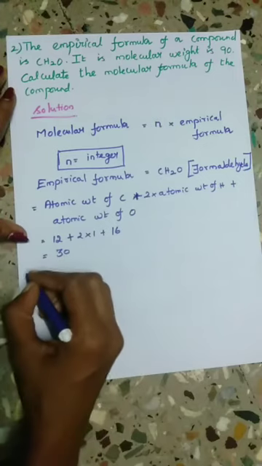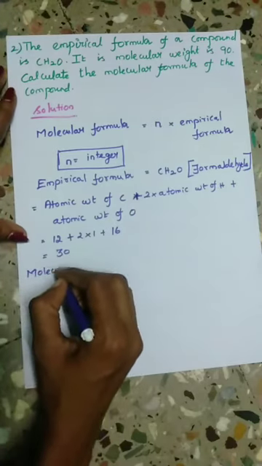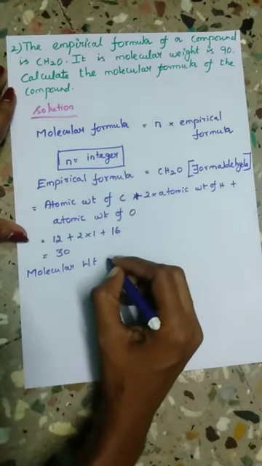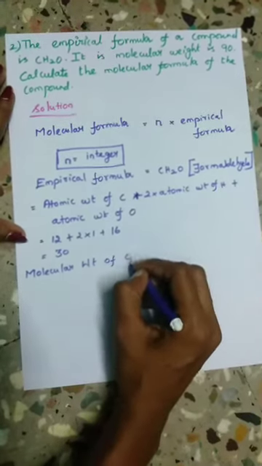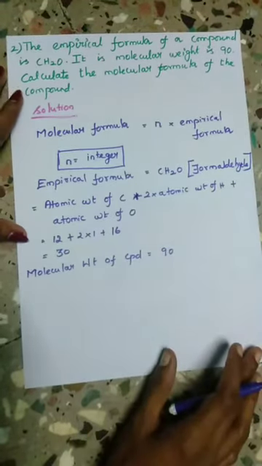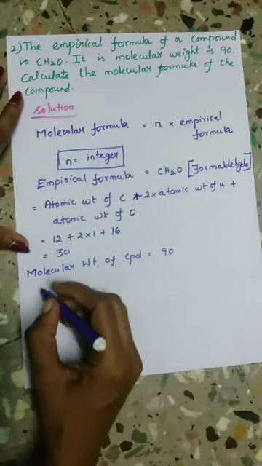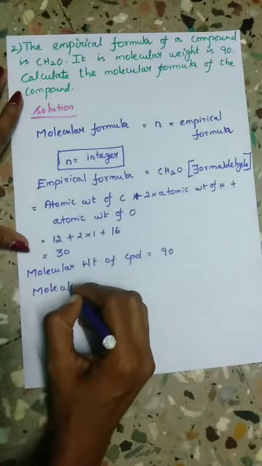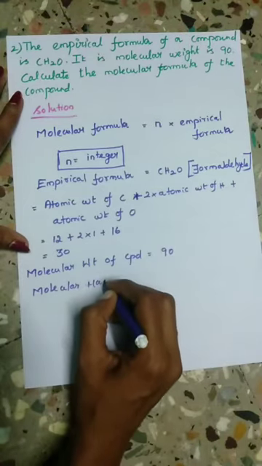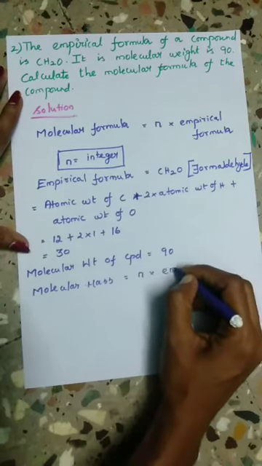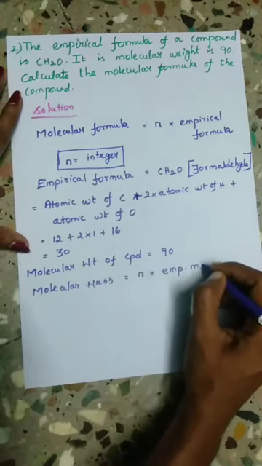So the molecular weight of the compound is 90. Next, the molecular mass of the compound is n multiplied by the empirical mass.